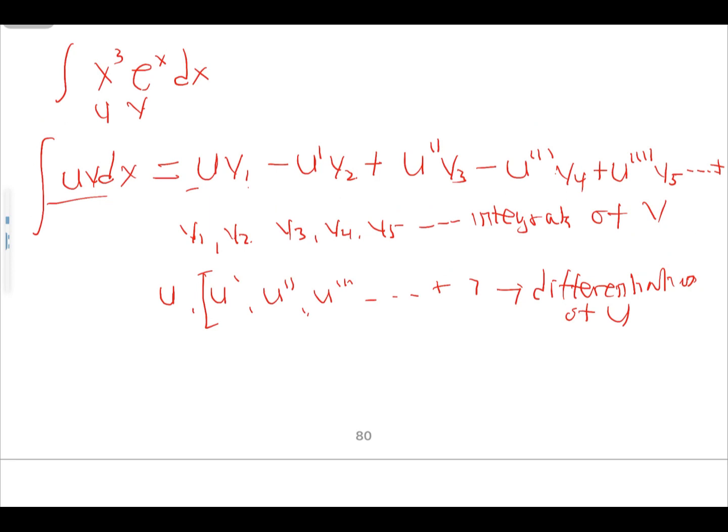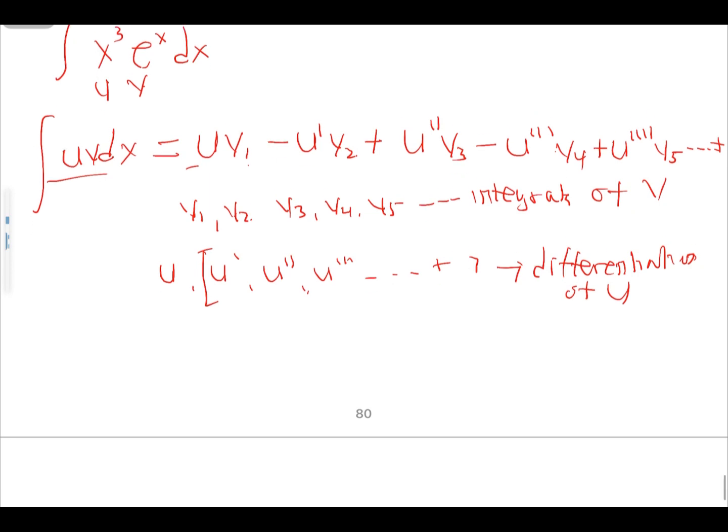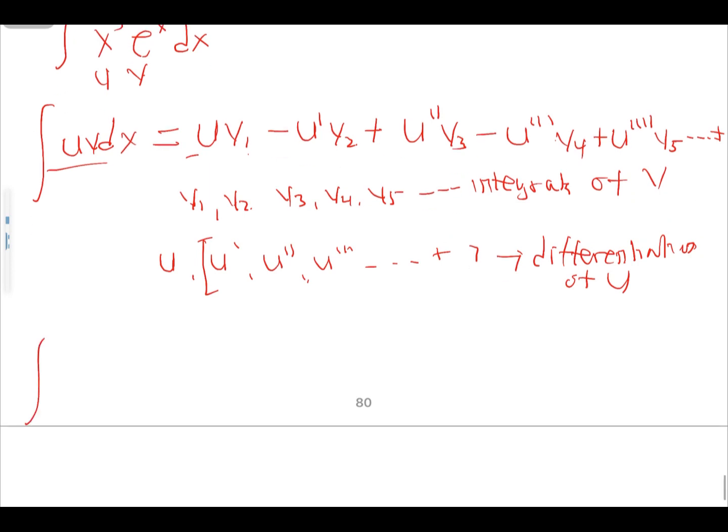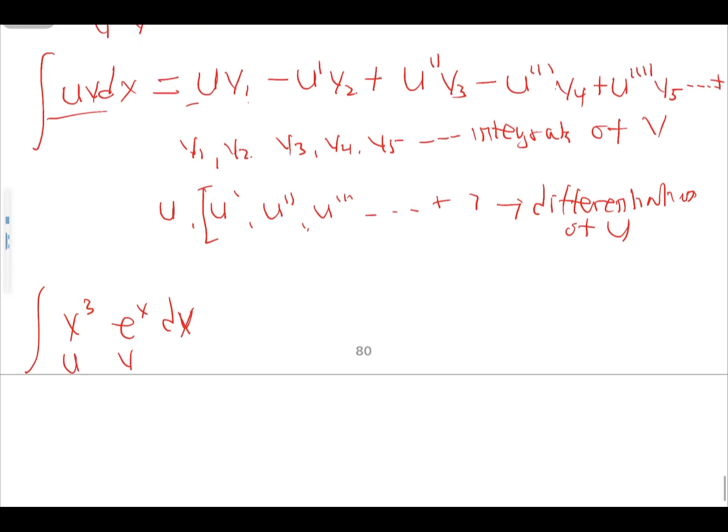For the function x power 3 exponent x dx, here is our u, here is our v.